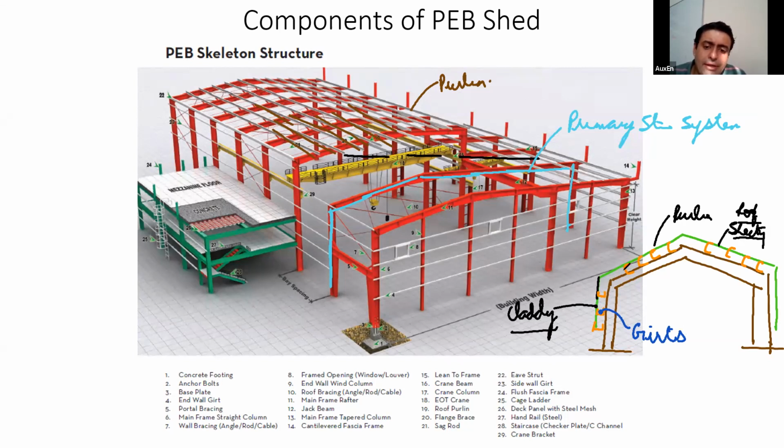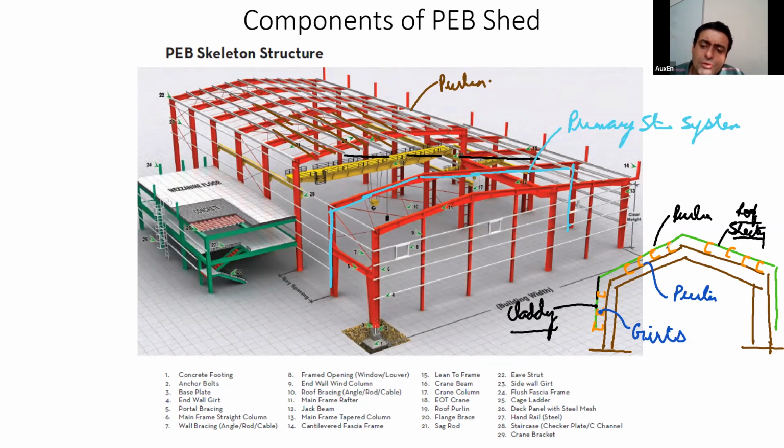The same element when we provide at the top is called a purlin. And the same element when we provide on the vertical face is called girts. Generally, purlins and girts have the same cross sections. We will use some cold form sections, maybe a Z section or a C section, but essentially they are the same.